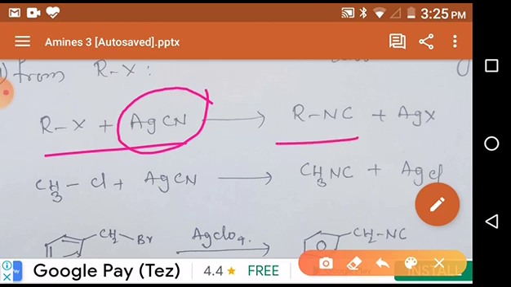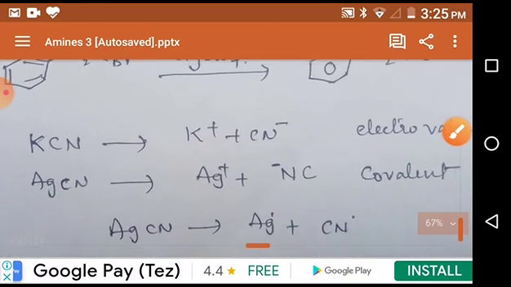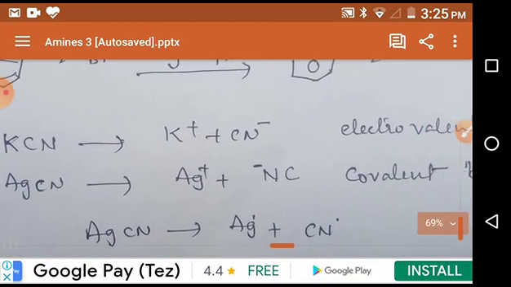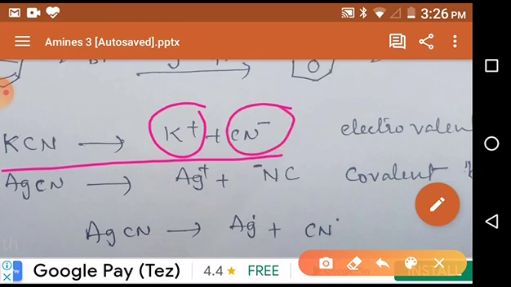Why is there a difference? Observe carefully: potassium cyanide or sodium cyanide are ionic compounds. They easily ionize, giving K plus and CN minus. But silver cyanide is not an ionic compound.